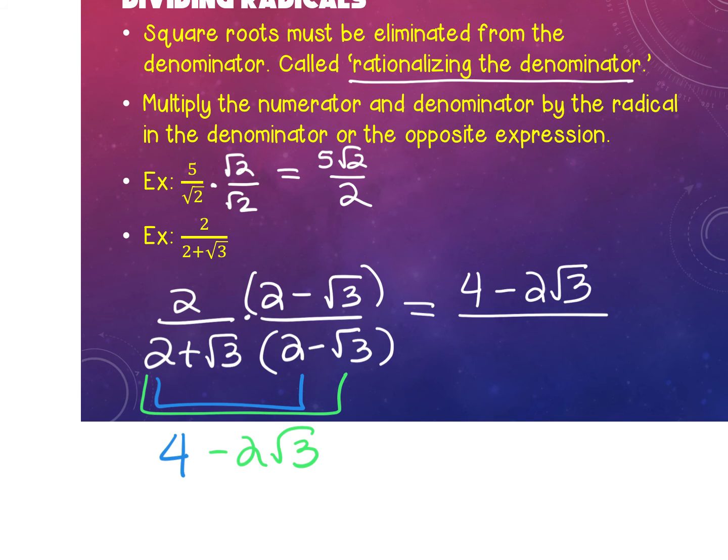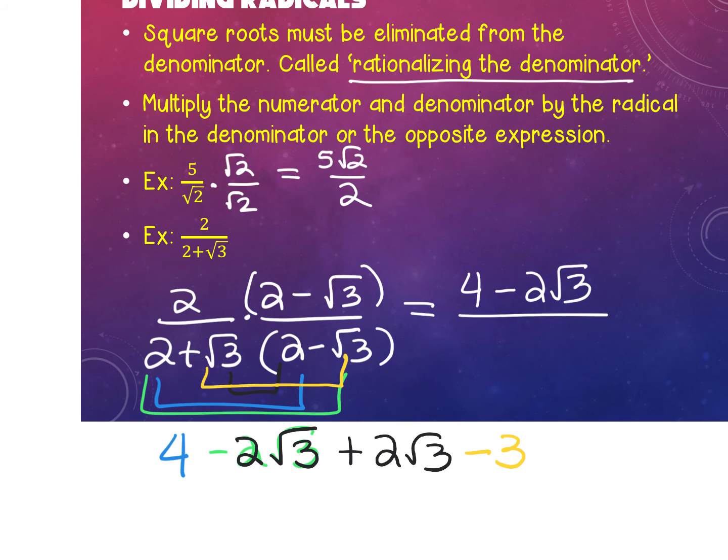Bring back black. So when I did the outer, I got 2 square root 3. The inside gives me positive 2 square root 3. And then last is going to give me radical 3 times negative radical 3, which gives me minus 3.